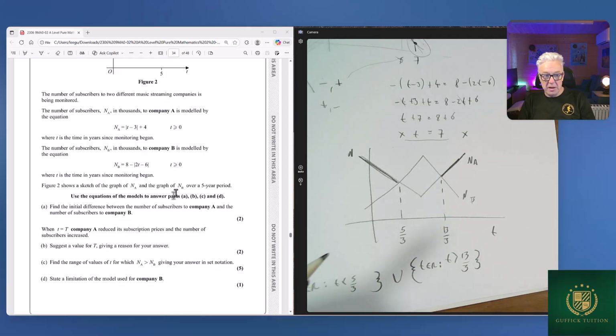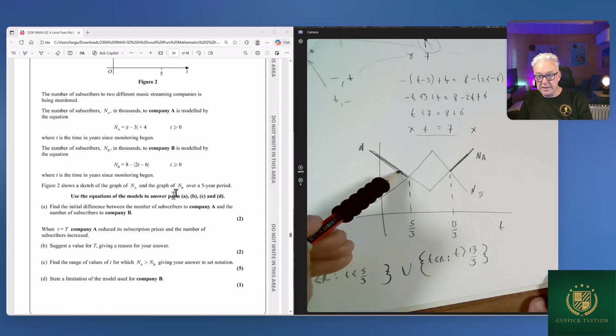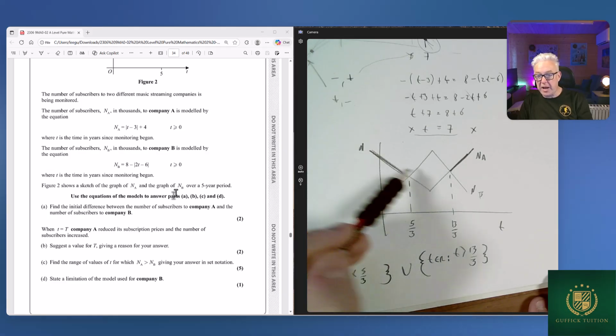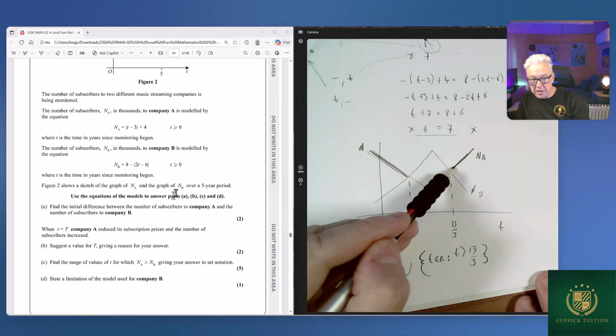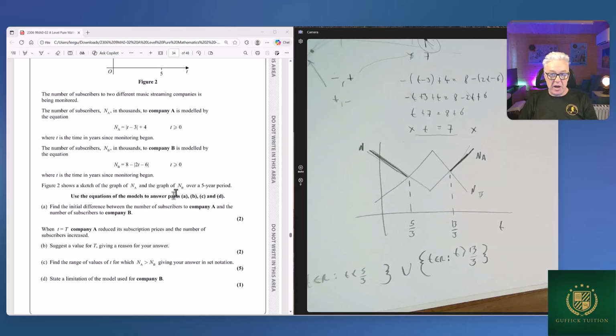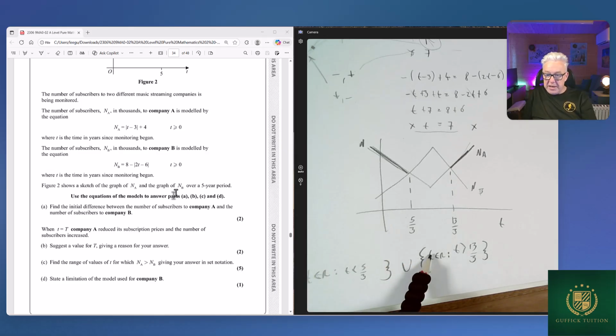Now we're looking for where the subscription for NA is greater than NB. It's this region here and this region here. And it says give your answer in set notation. Of course it does, because they love to do that in this kind of question. So we've got t is a member of the set of real numbers where t is greater than 13/3, in the curly bracket.